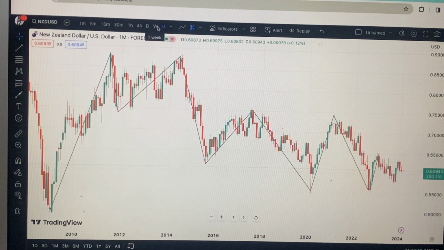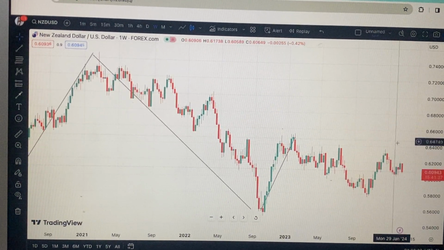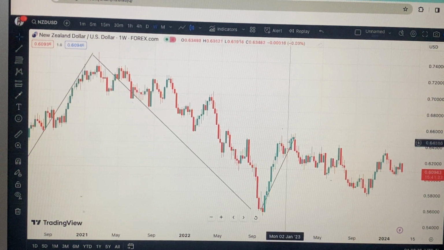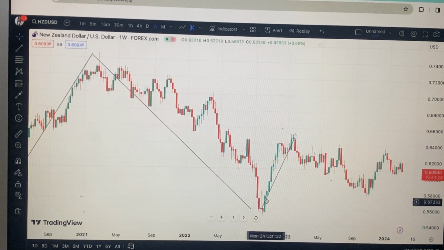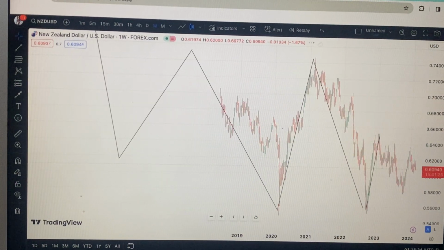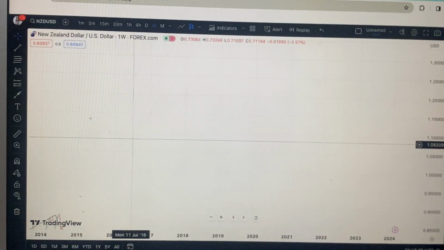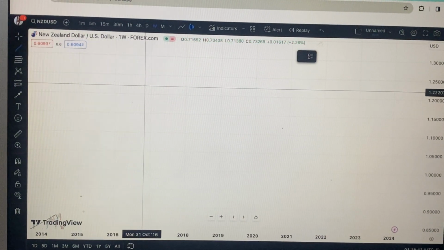Let's go to the weekly time frame. You see, it's a resistance zone. The market resists here, resists here, resists here, and we have support here. We also have support here. Okay, so let's do it in a clearer way. Now, the resistance zone.